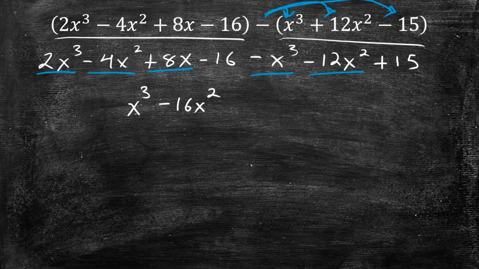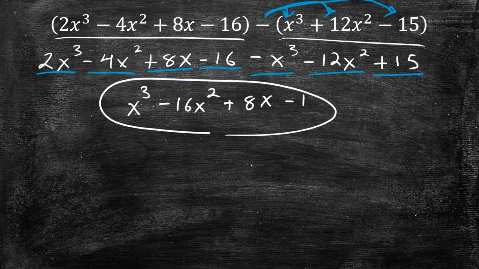So that's the only one. So we just bring that down. Plus 8x. And now let's look at our just normal numbers. So we got negative 16 plus 15. So that is going to be negative 1. All right. And that there is going to be our final answer.